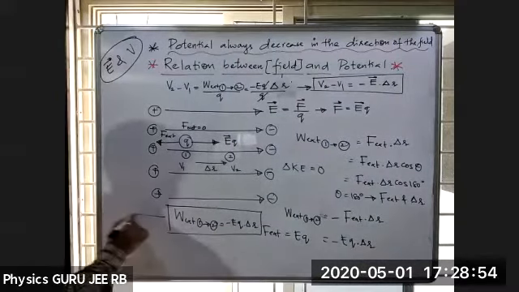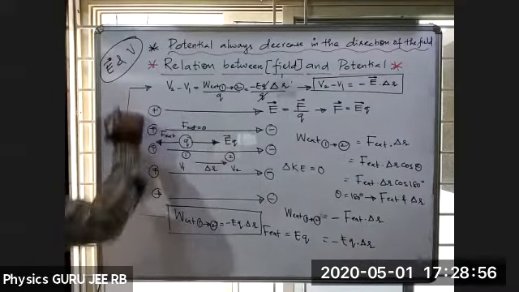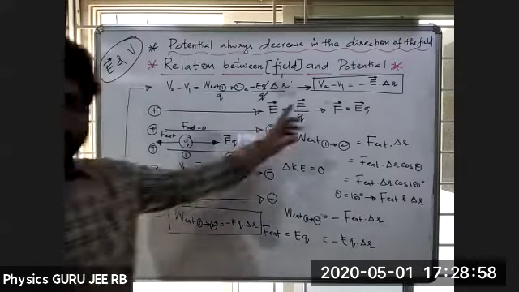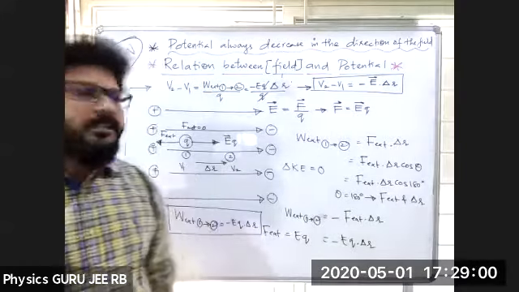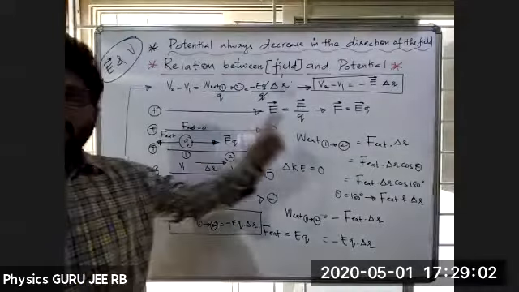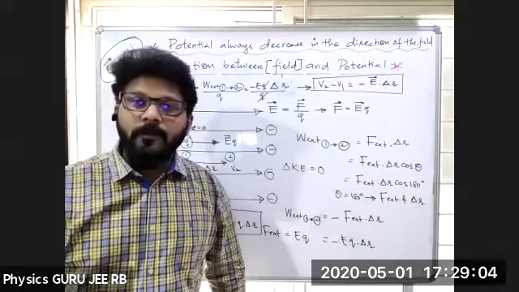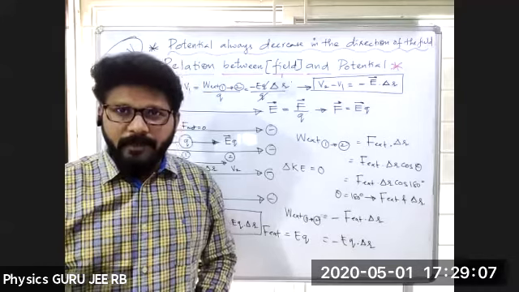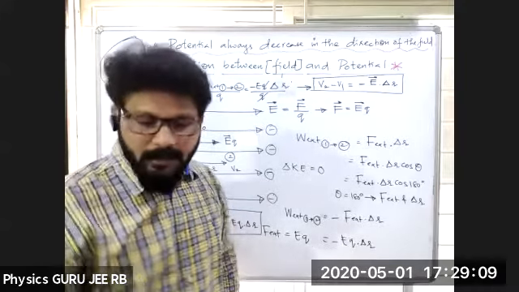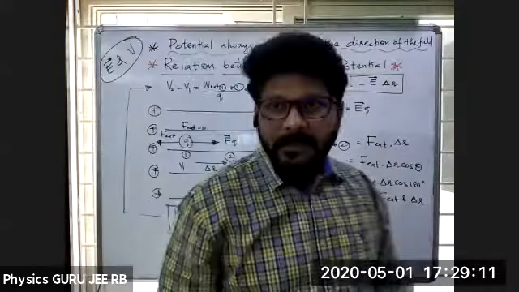From here onwards, this is the relation between E and V in a uniform electric field, right? Once again, we'll discuss here.